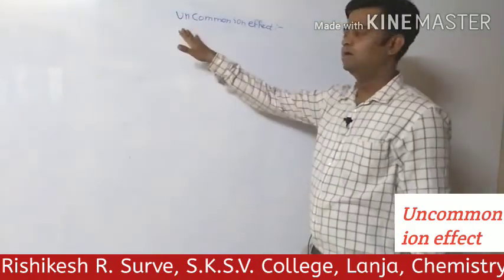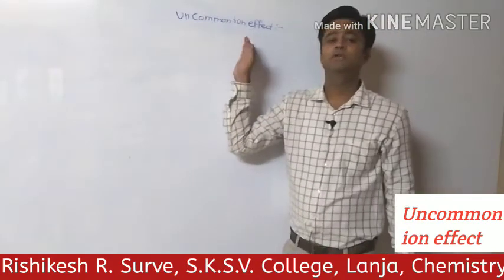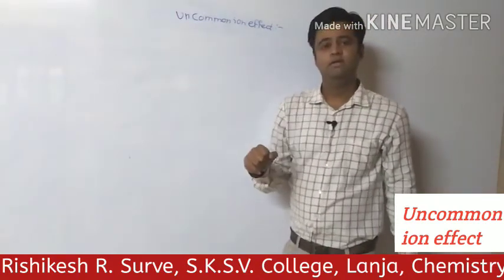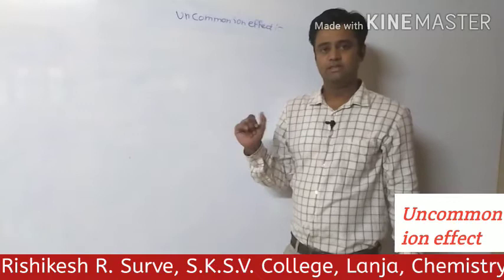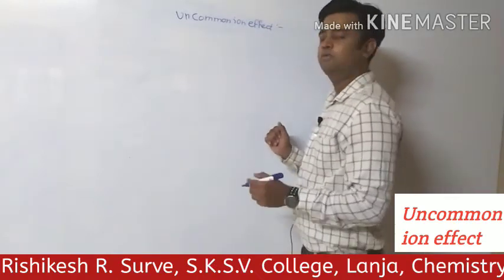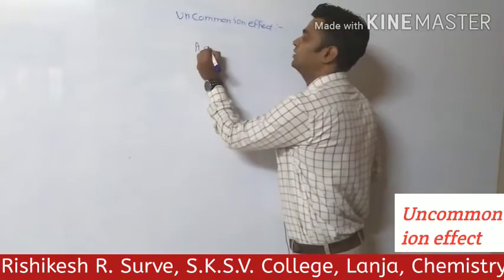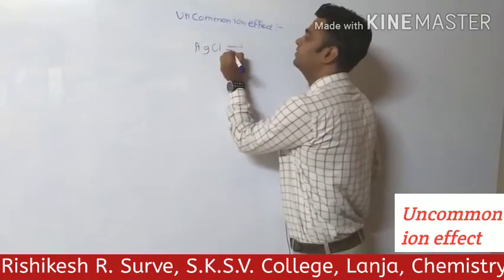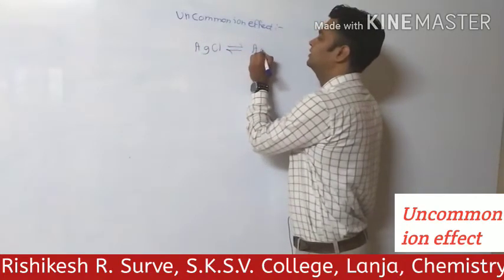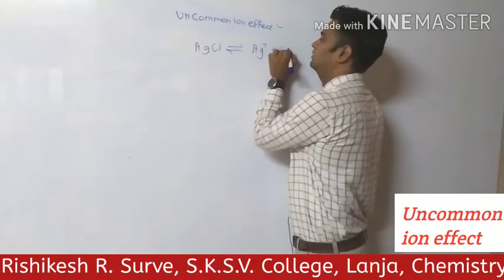As you know, the uncommon ion effect is the opposite of the common ion effect. What it says is that if you consider a salt like AgCl, we know it is a sparingly soluble salt in water.